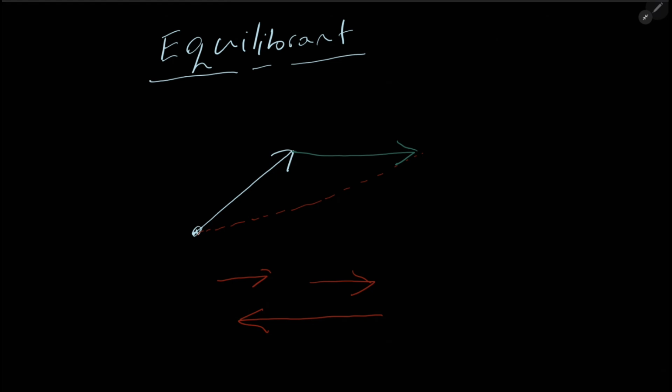Now how do we indicate this on our drawing or on our force diagram? We simply place an arrow to say where the force is going. So for example, it is going back to your start point. So that is basically your EQ, which is your equilibrant.